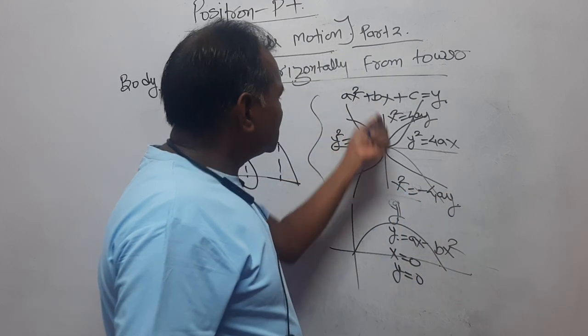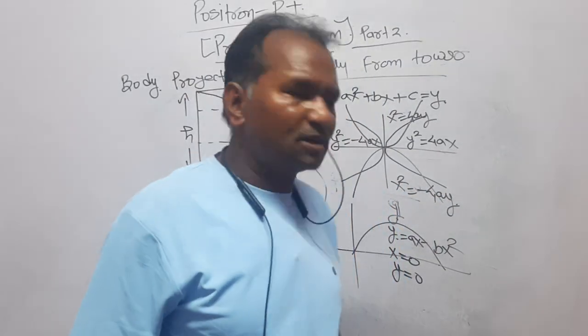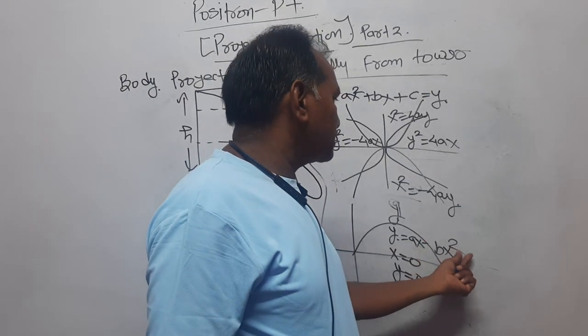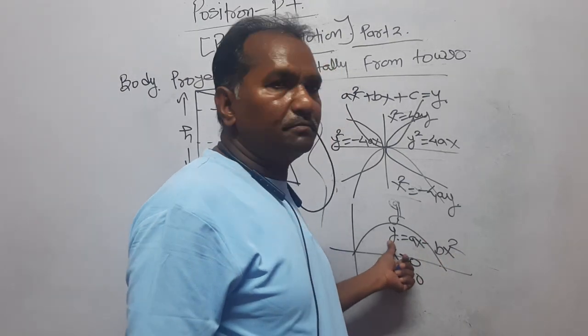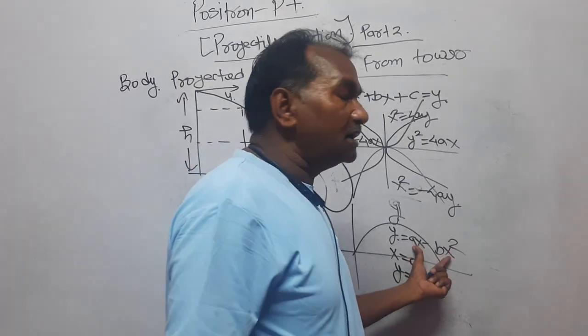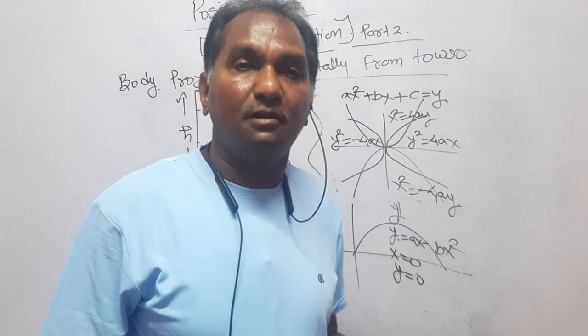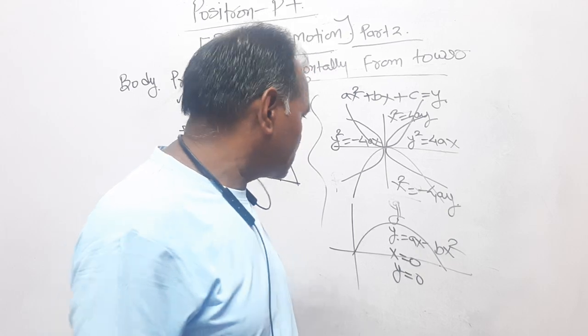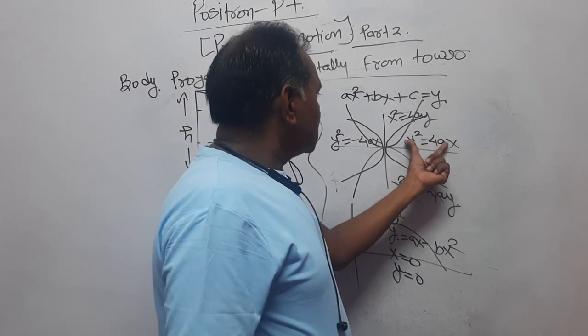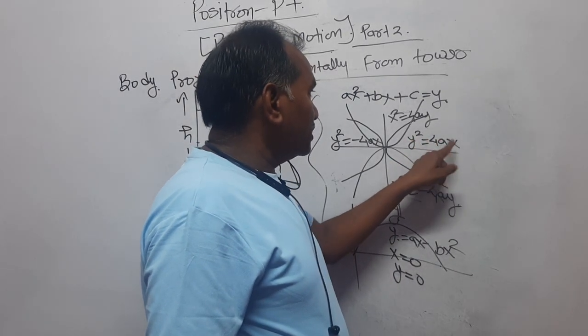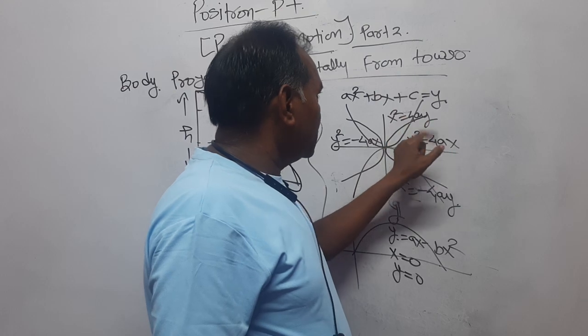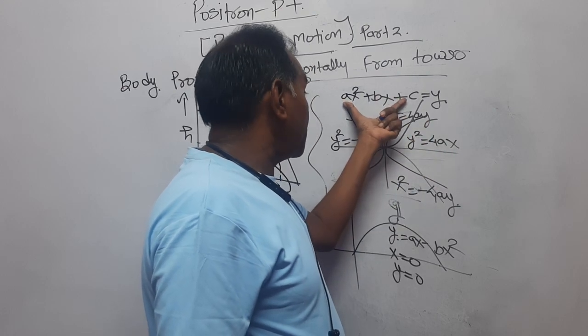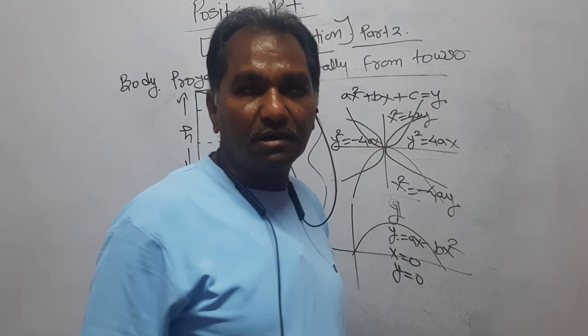In all these standard equations, you must have observed here x has a power 2 maximum and y has a power 1. Means it can be expressed in terms of power of x anyhow, x plus something whole square like this. In all these cases, look here, y has a power 2, x has 1, x has power 2, y has 1, and here the maximum power of x is 2 and y is 1.